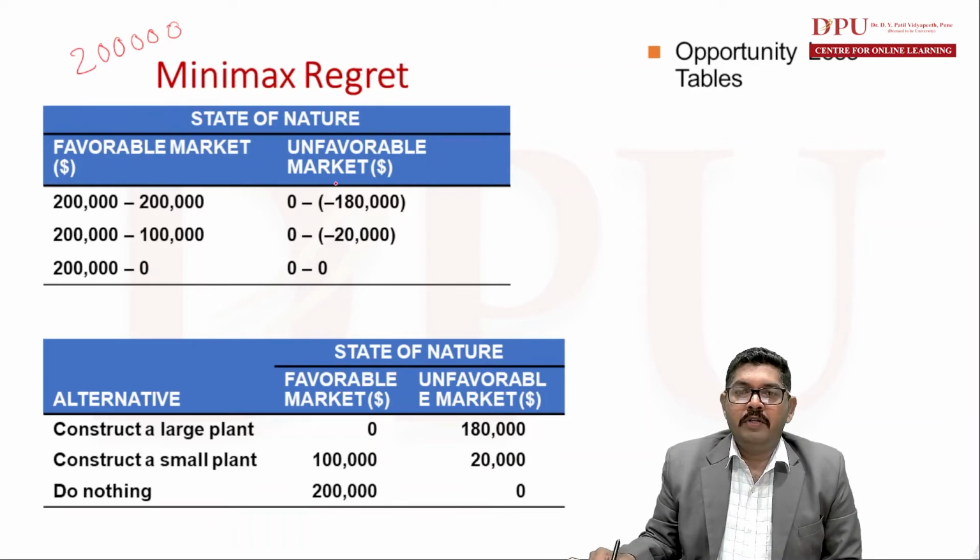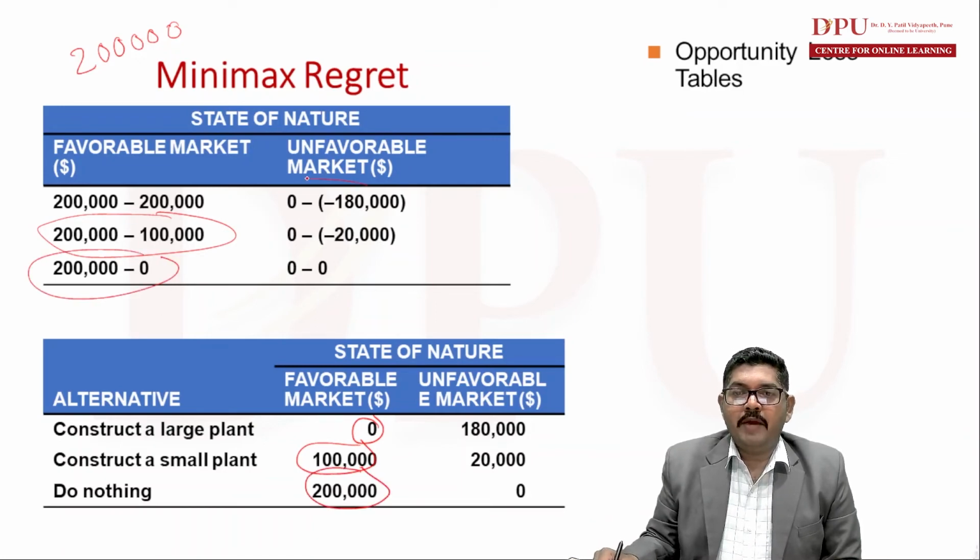And for the unfavorable situation we calculate it similarly, right? The alternatives are constructing a large plant, constructing a small plant, and doing nothing, and the favorable market values are taken from this. 2 lakhs minus 2 lakhs is 0. Then 2 lakhs minus 1 lakh is 1 lakh. 2 lakh minus 0 is 2 lakhs.